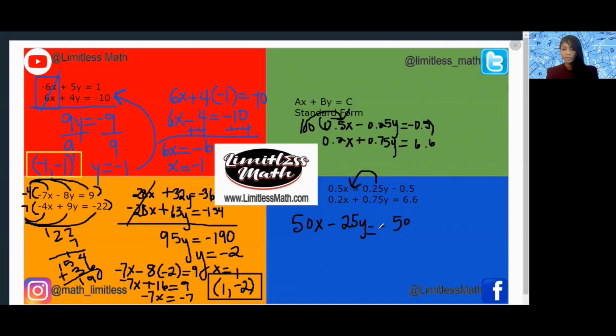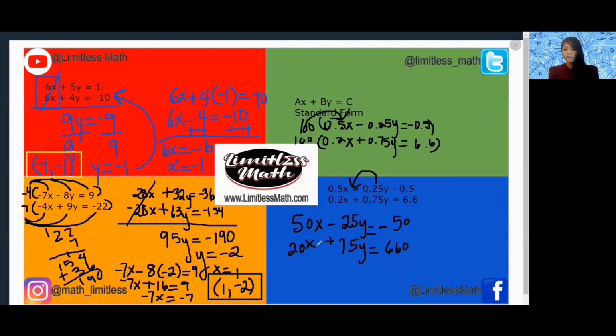Now you might think those numbers are pretty big, but there are no more decimals, and I think it's a lot less intimidating. So let's do the same thing to the bottom. 100 times 0.2 would be 20x plus 75y equals 660. Now look at that. No more decimals. Looks pretty good to me.